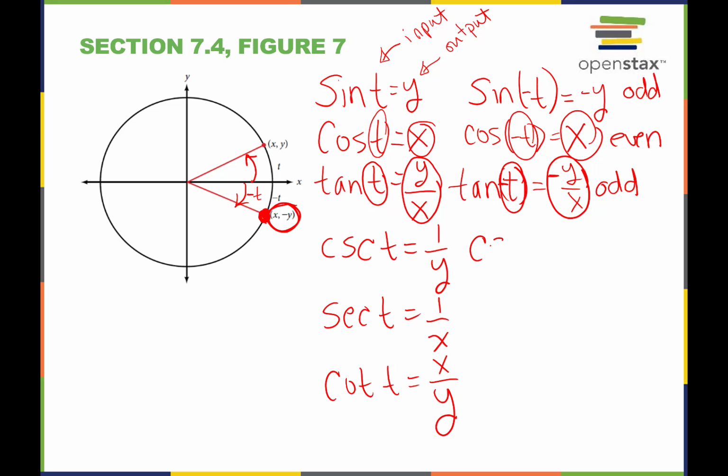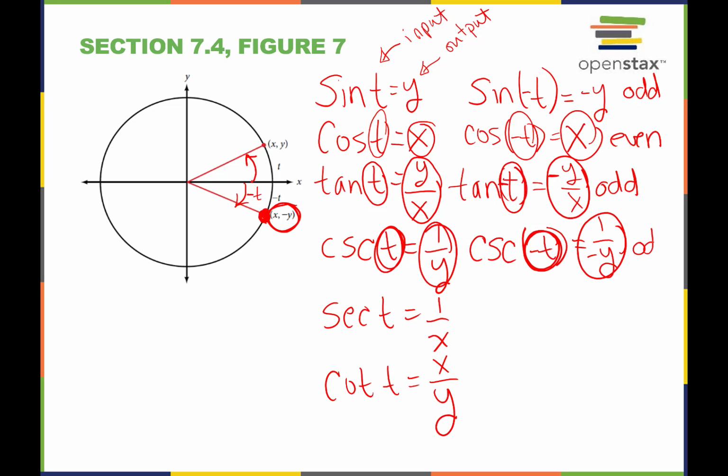Let's test it for cosecant. If I plug in a negative t for my angle, cosecant is the reciprocal of my y coordinate, so that's 1 over negative y. If I switch the sign of my input, my output signs change. It's the same exact value other than the sign changes.